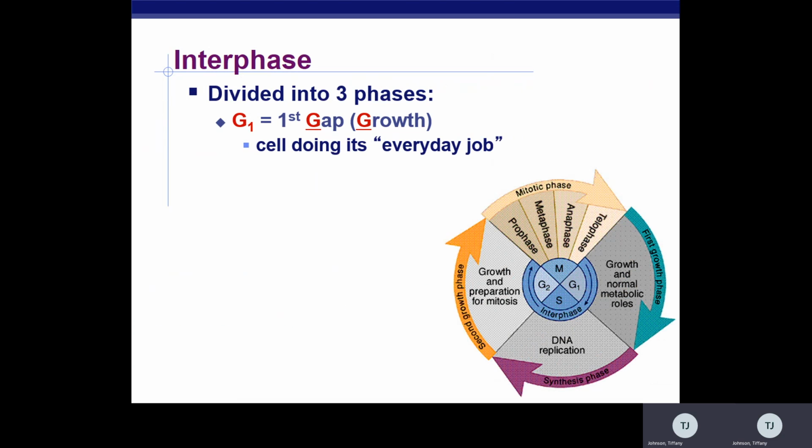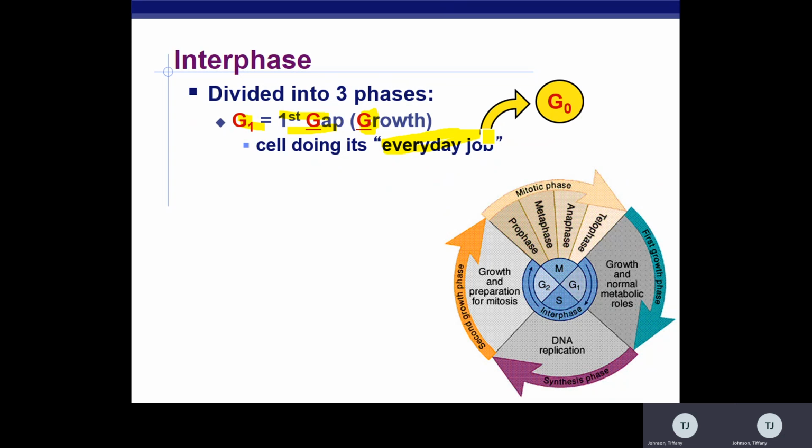We talked about the different phases of interphase, the first one being G1. And that's really called the first gap phase. But the way to remember it is just to call it growth, because the cell is just growing and doing its everyday job. Now, at some point, the cell says, you know what? I'm getting way too fat, and I'm going to need to divide because now I'm too big.